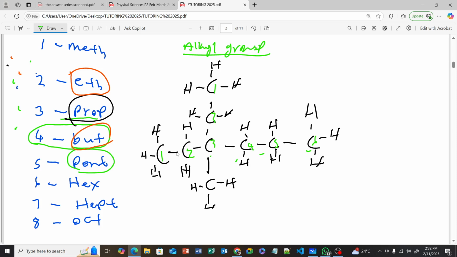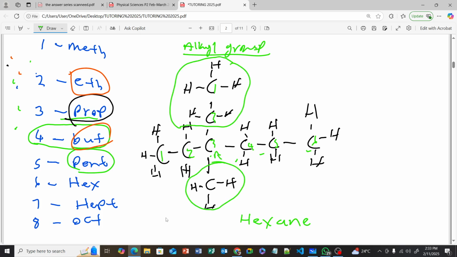So the longest continuous carbon chain has 6 carbons, so it's going to be hex. Okay, hexane, because it's only single bonds, it doesn't have a functional group. Now, but at position number 3, something is interesting. We have two branches. We have a branch that has 2 carbons and another branch that has 1 carbon.